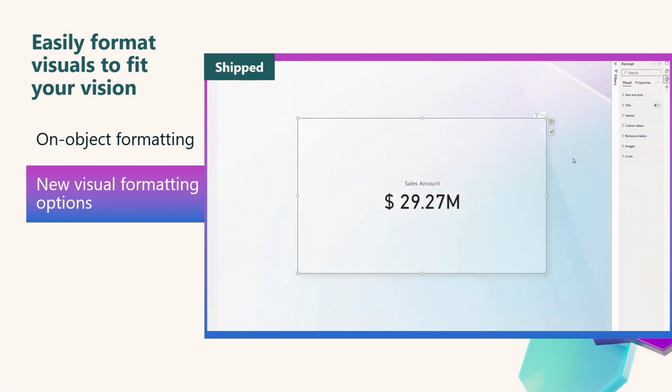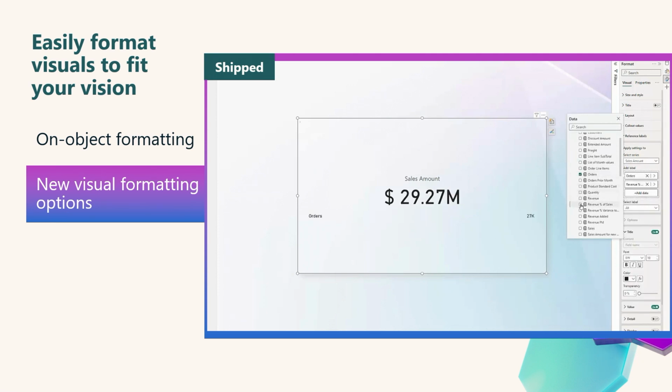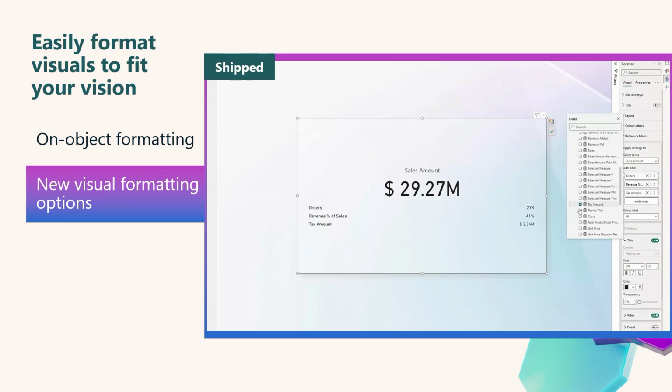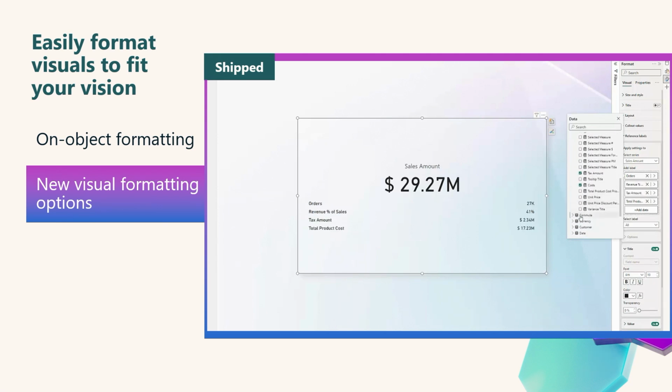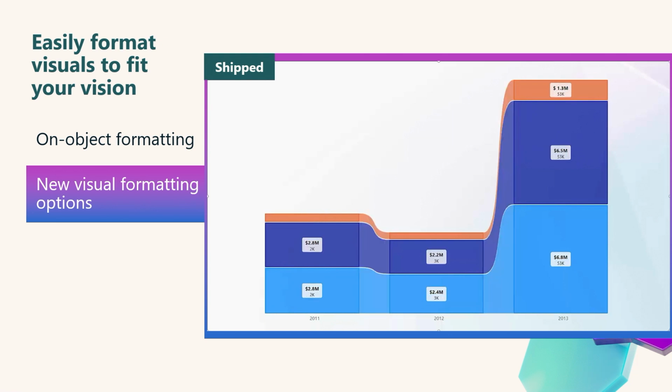As you can see, we've introduced a bunch of new formatting options to the bar and column charts, including the ability to separate the different columns so that you can add a little bit of spacing between the column sections in a way that makes it clear where one section stops and the next begins. We've introduced ribbons between those different column sections so that you can make the transition between column 1 and column 2 very seamless.